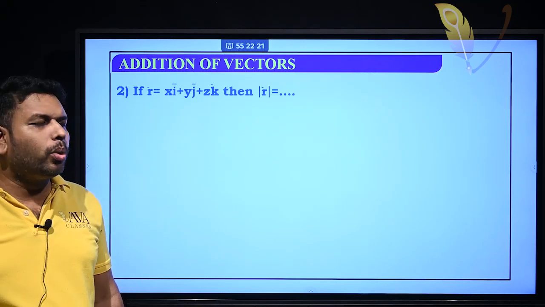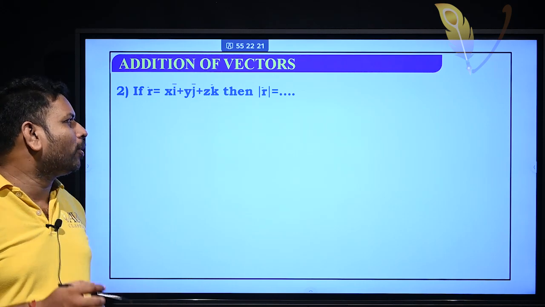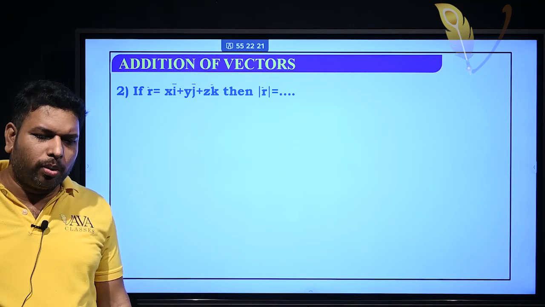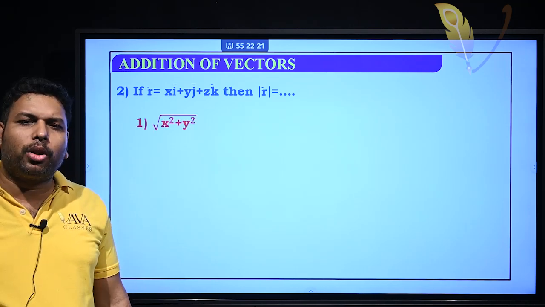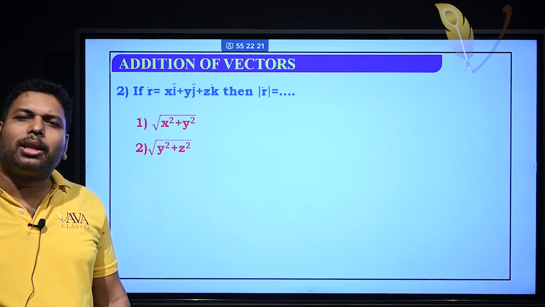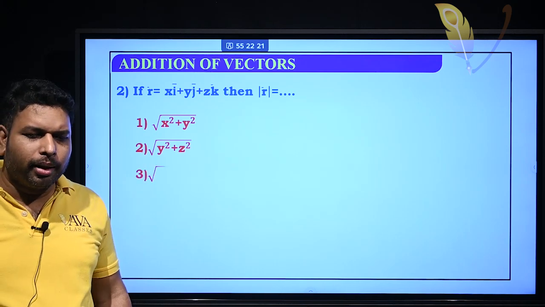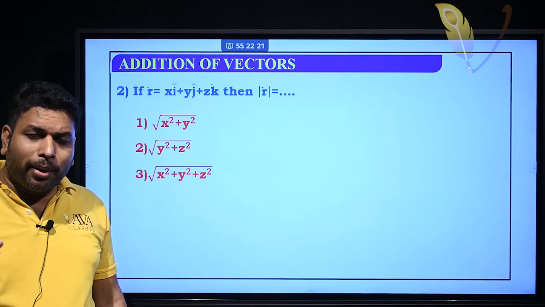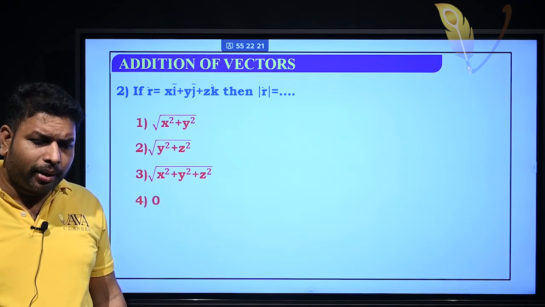If R equal to x i cap plus y j cap plus z k cap, then magnitude of R equal to, these are the options: x square plus y square, root over of x square plus y square, root over of y square plus z square, root over of x square plus y square plus z square, 0.